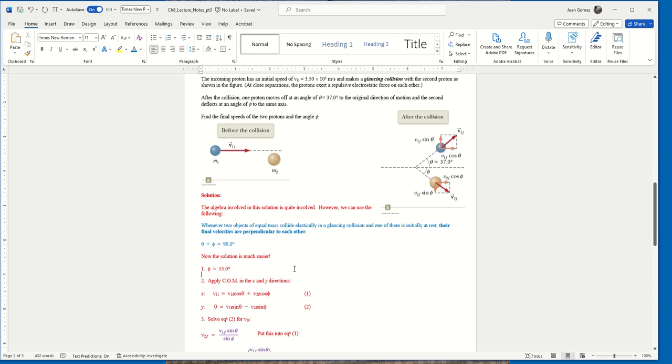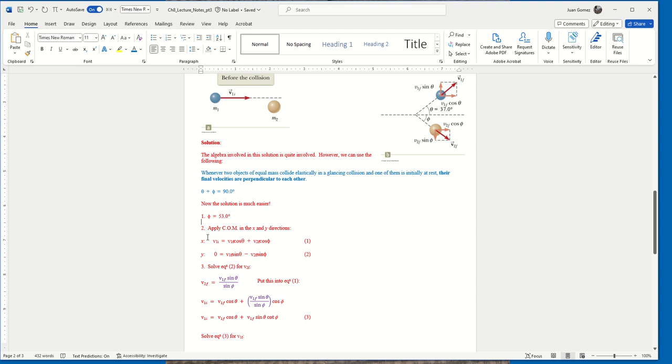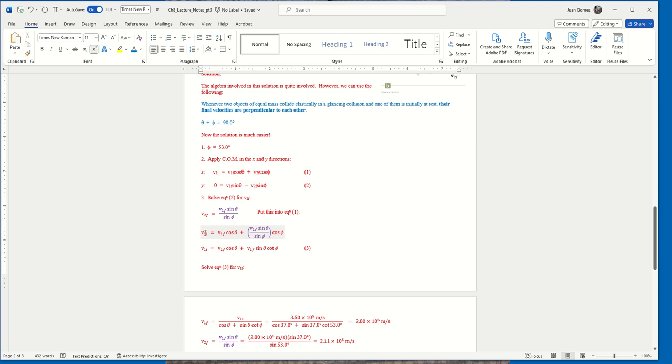Again, if you can understand where these two equations come from, equation 1, which is conservation of momentum in the x direction, and equation 2, which applies conservation of momentum in the y direction. Then, with the common technique, solve equation 2 for v2 final, take that expression, and put it into equation 1.